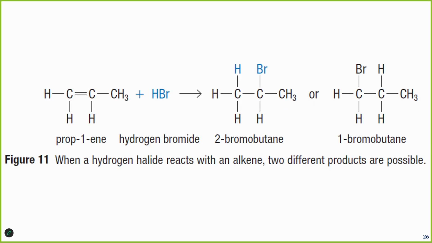For example, in figure 11 here, this figure shows that when a hydrogen halide reacts with an alkene, two different products are possible. You could either have two-bromobutene or one-bromobutene. So which one is the main product? That is a question to ask, right? How can we predict which product will be formed?